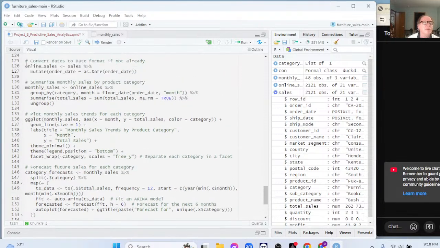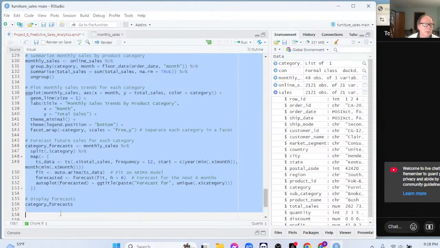We only have one category, which is furniture. Okay. So let's get rid of this.